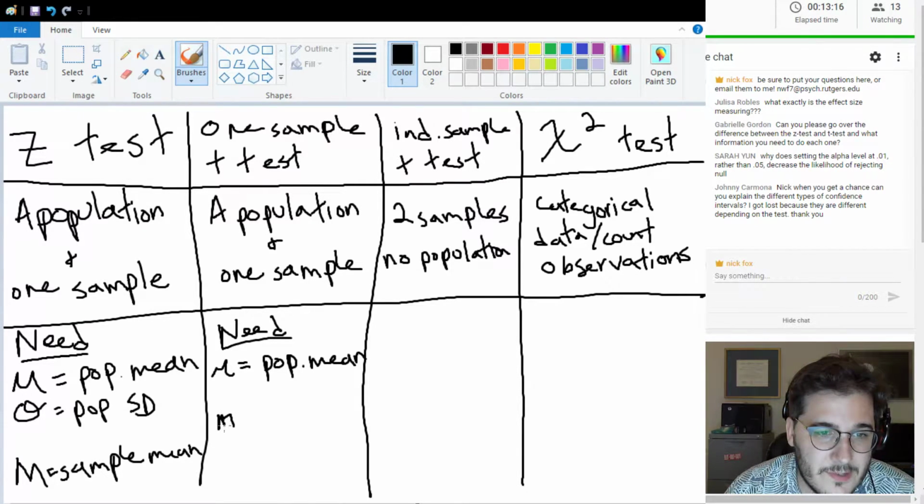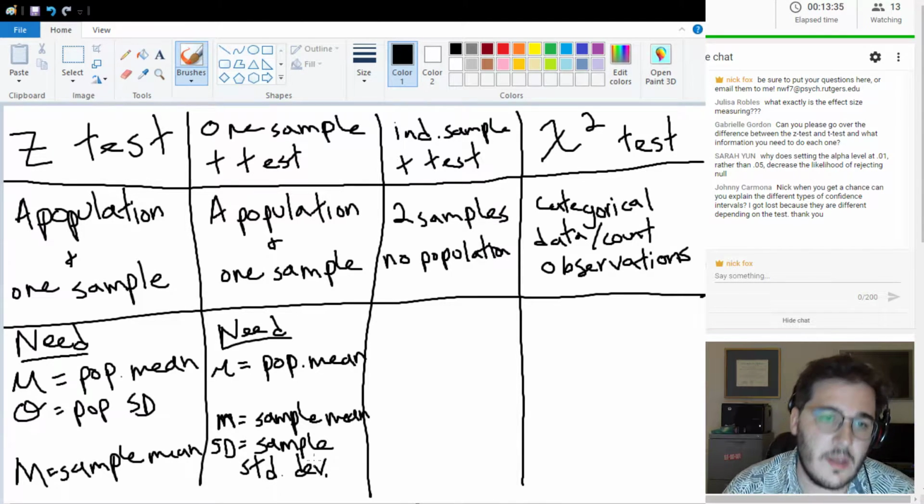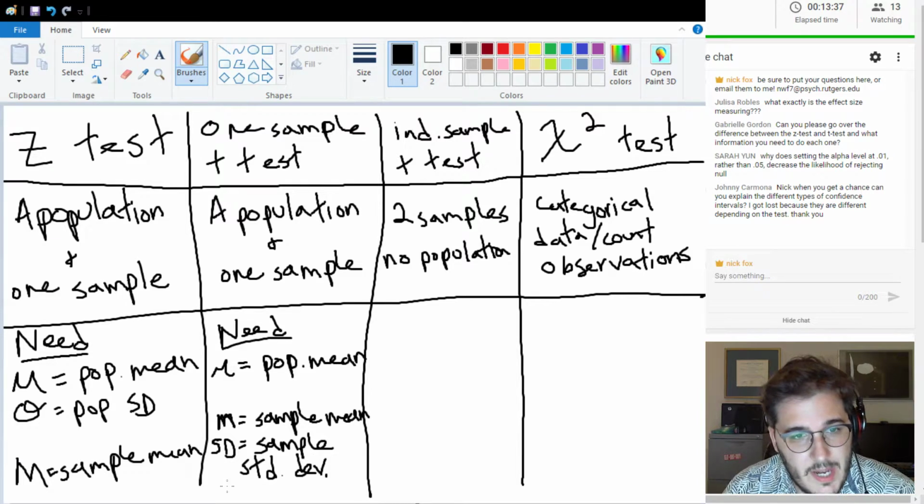I'm sorry if this looks atrocious, but just listen. M is the sample mean. And then you also need SD, which is the sample standard deviation. So here is the same information: two means and a measure of variance. You have two means, mu and m, and since you don't have sigma, you have to use the sample standard deviation.